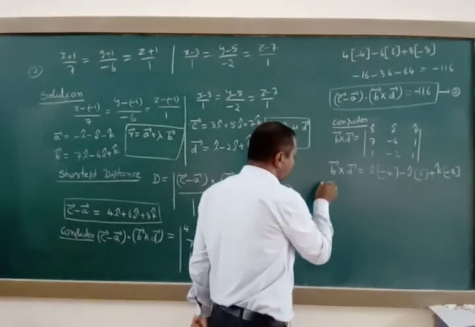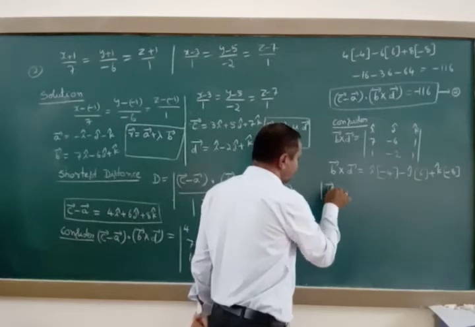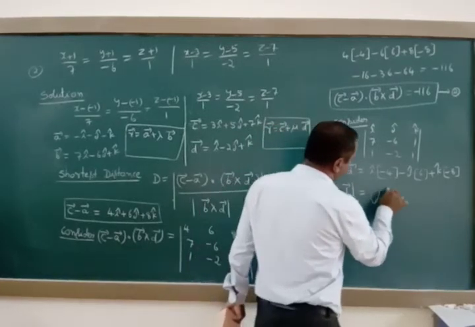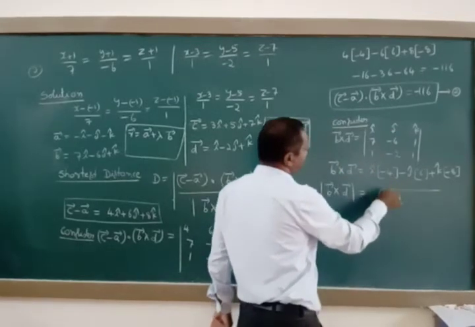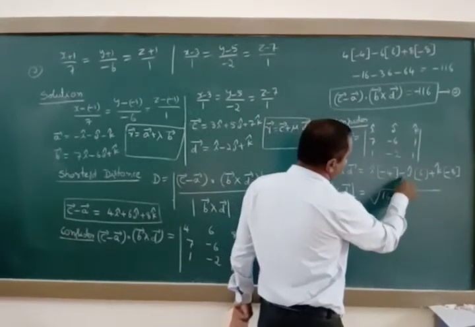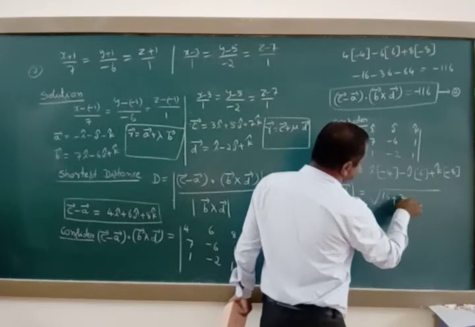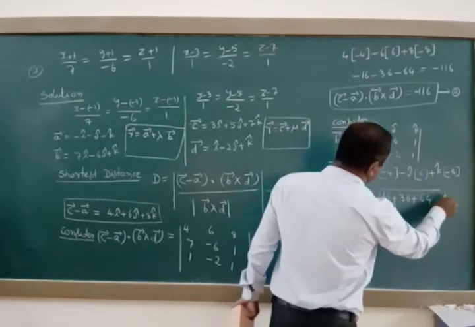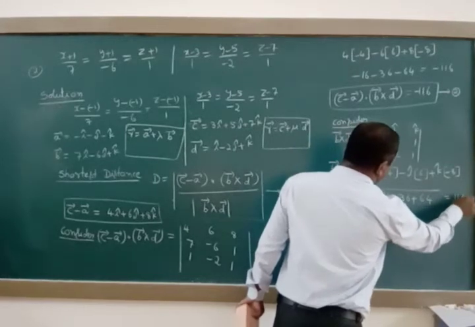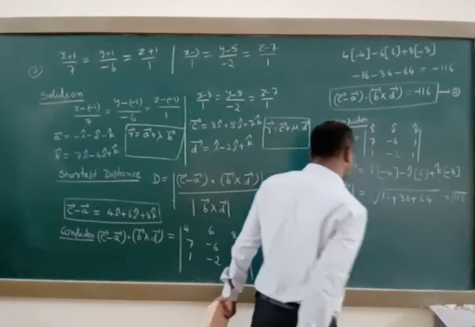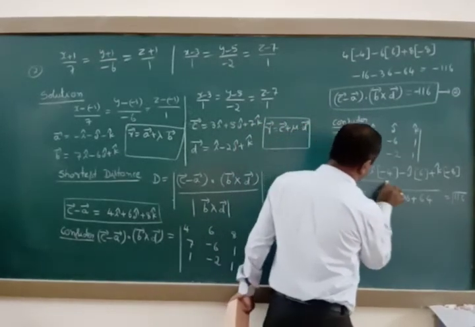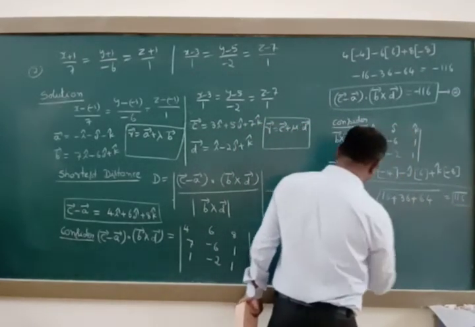The magnitude of b vector cross d vector is equal to the square root of minus 4 whole square, 16, plus minus 6 whole square, 36, plus minus 8 square, 64, which is equal to the square root of 116. This is equation number 3.